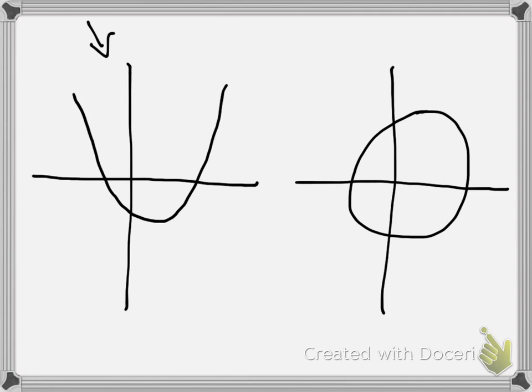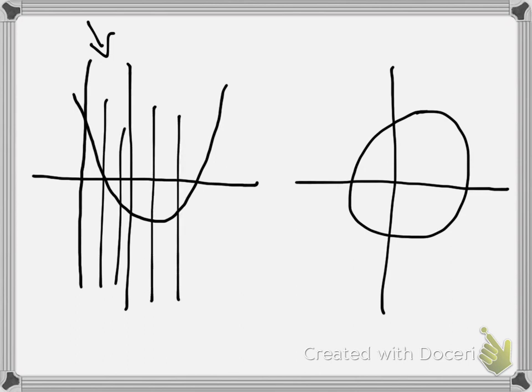Okay, what I'm going to do is draw a vertical line somewhere on my graph, somewhere to the left of my graph, and then in my head, I'm going to think about grabbing that vertical line and dragging it across my graph. And I'm going to think about, are there ever any points where this vertical line, as I drag it across, hits my graph more than once?